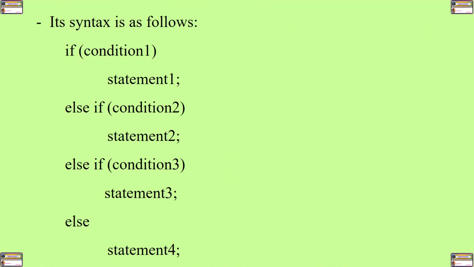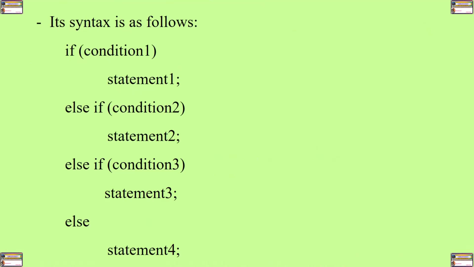In other words, my dear students and the rest of the learners, what this structure simply means is that you have several conditions to check. If the first condition is met, you execute statement one. If that condition is not met, you check a second condition. If that condition evaluates to true, you execute statement two.